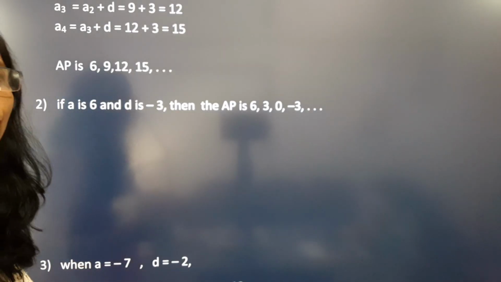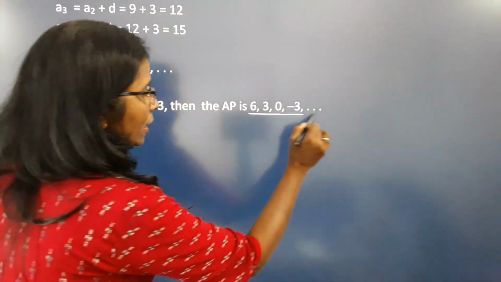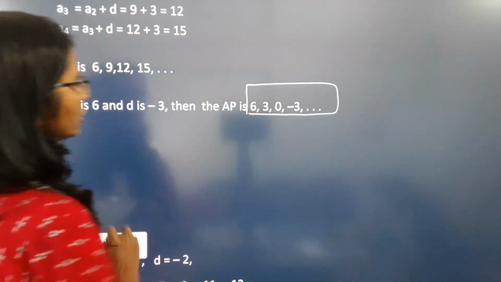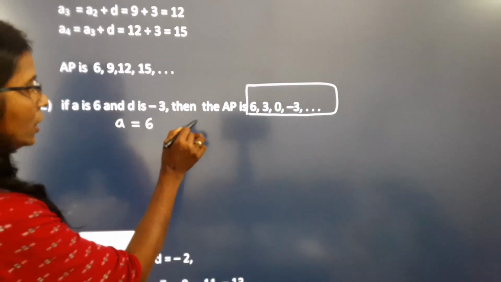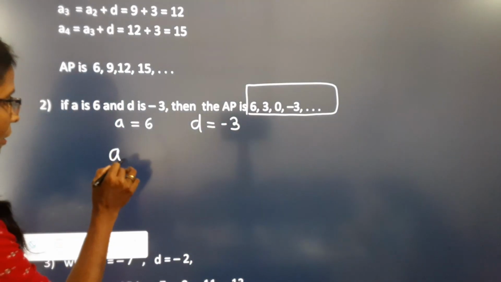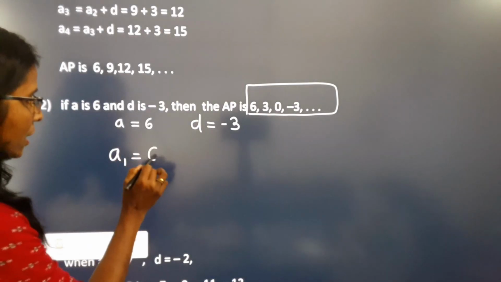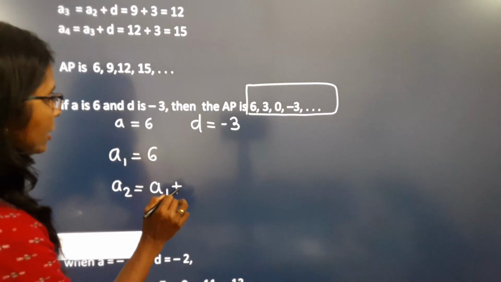Now the second example, if a is 6 and d is minus 3, then the AP is 6, 3, 0, minus 3. Let us calculate and check whether it is correct or not. Here a1 is 6 and d is minus 3. The second term we calculate by the formula a1 plus d.